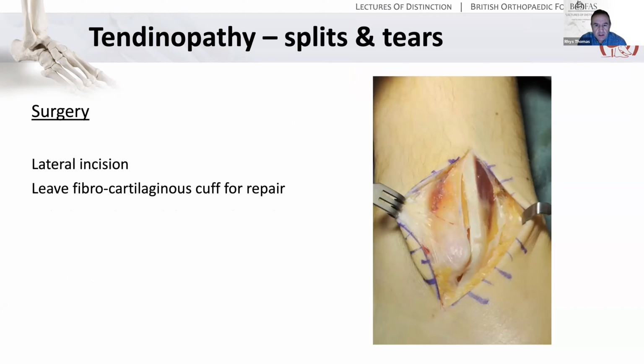The majority of these patients who come to surgery will have an open incision. It's important to allow repair that you keep a small area, certainly with the fibrocartilaginous cuff on, so that you can get a strong repair once you've performed any surgery that you need to your peroneal tendons.